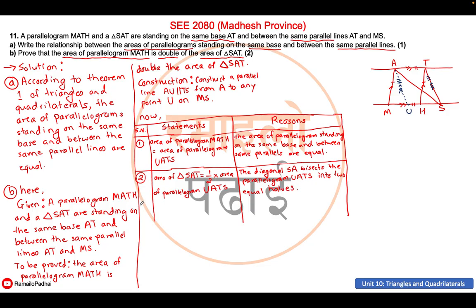Okay, now let's move on to statement 3, which says area of triangle SAT is equal to half multiplied by area of parallelogram MATH. Why?